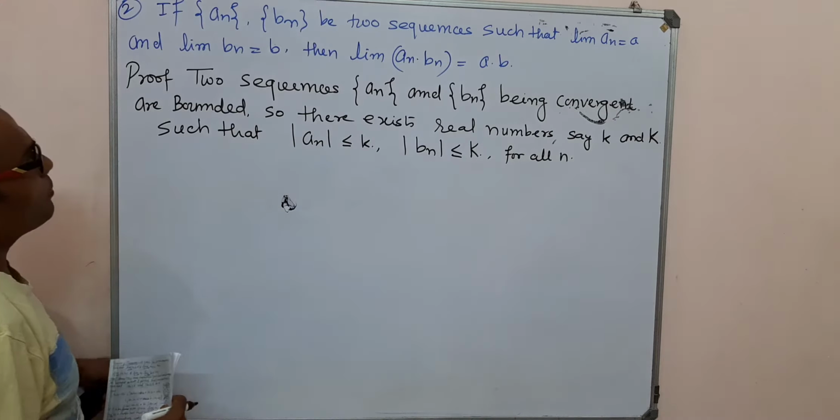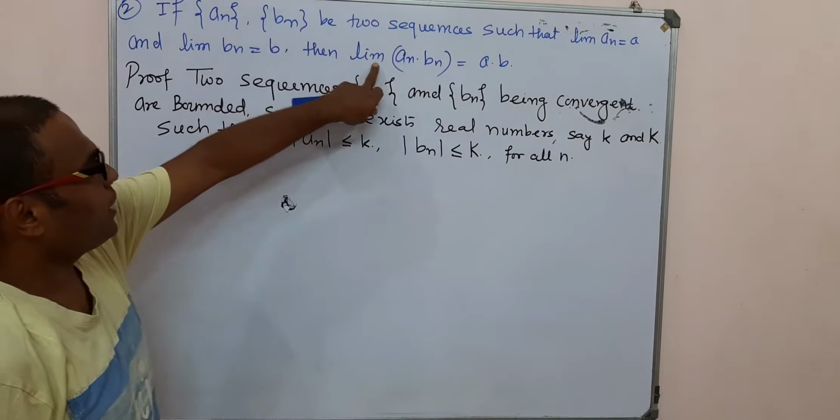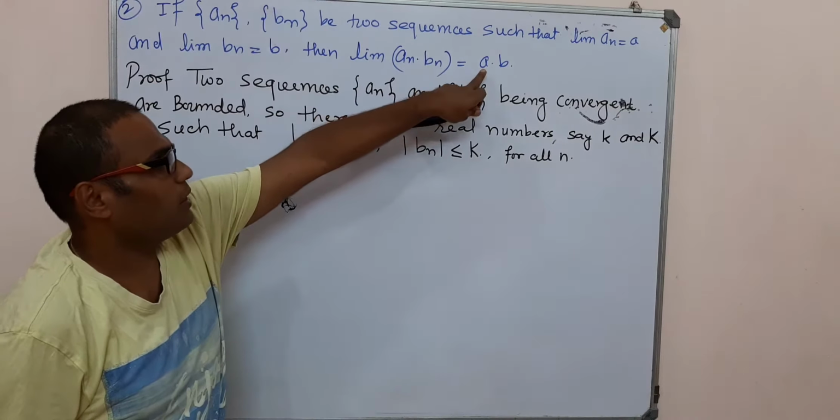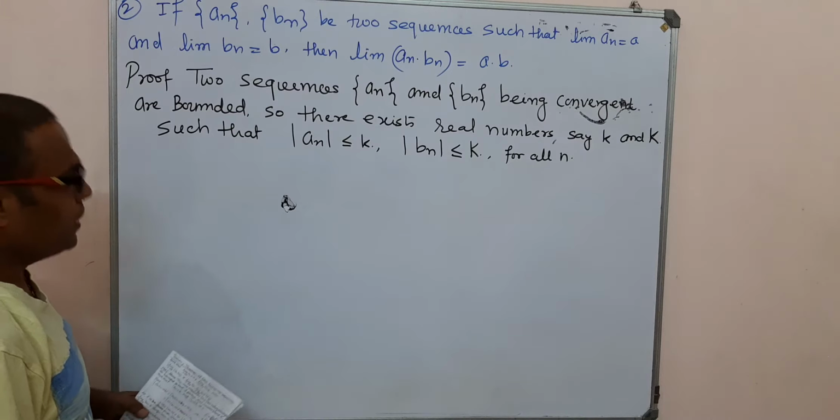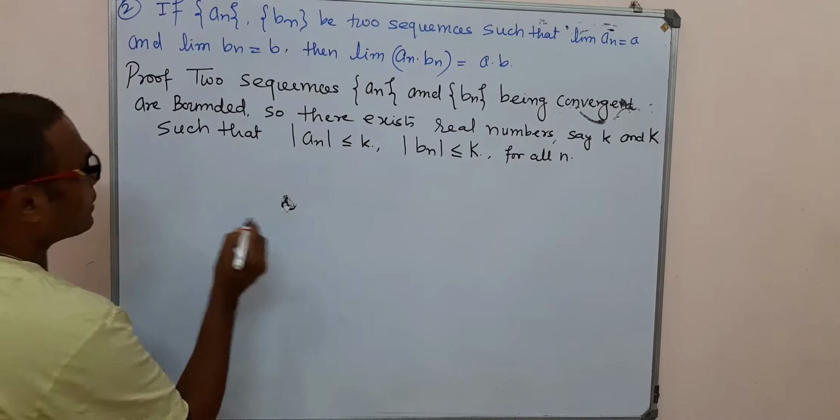Now we prove that the limit of a_n b_n is equal to a b, so here we apply the definition of the limit of a sequence.